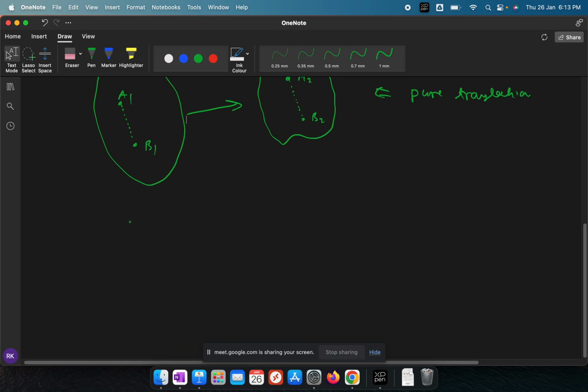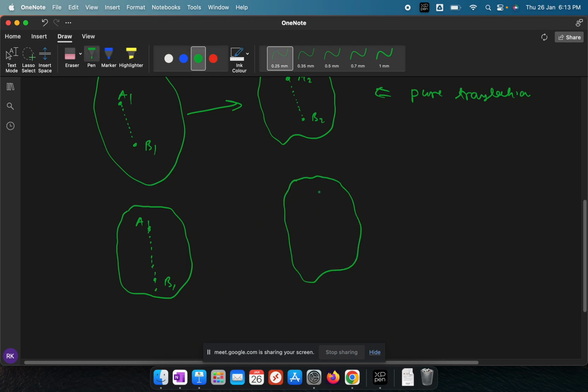Now I am drawing another rigid body, and suppose imagine points a1 and b1 and the same straight line, but after the motion from this position to this position it is like this.